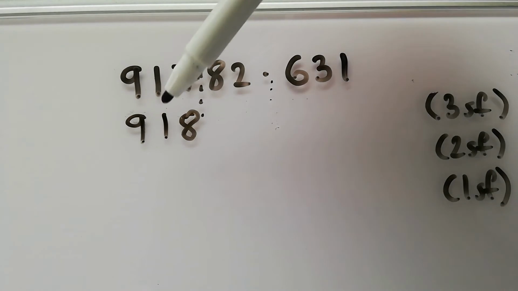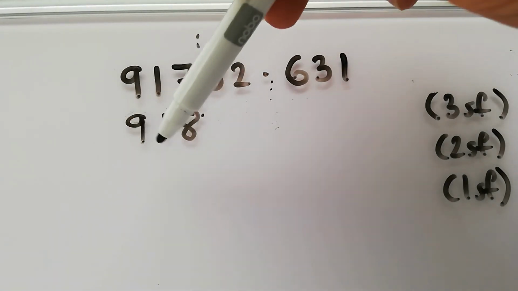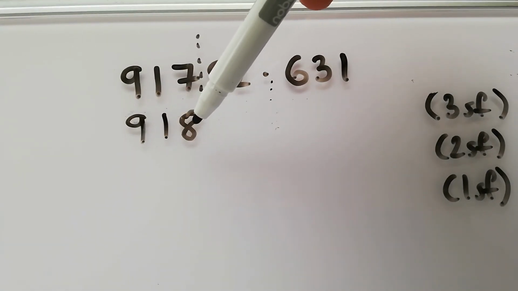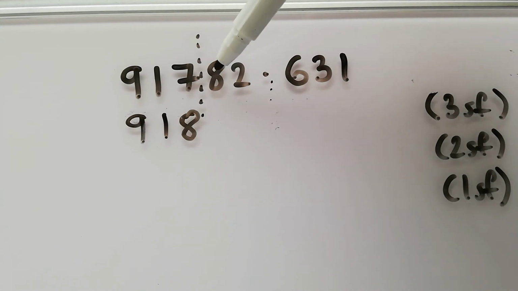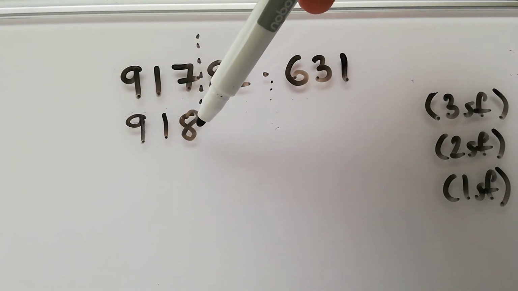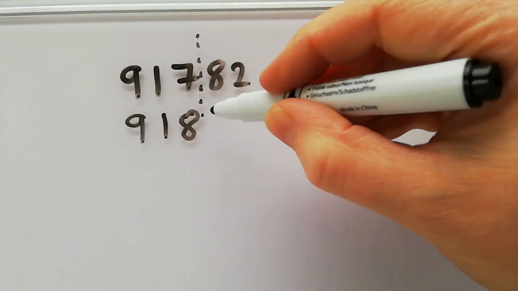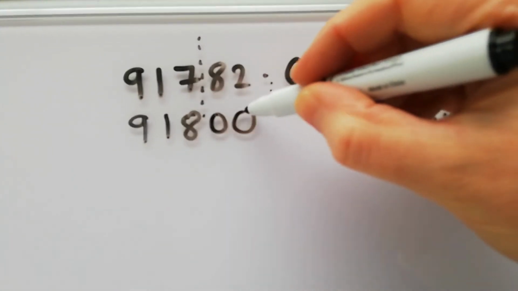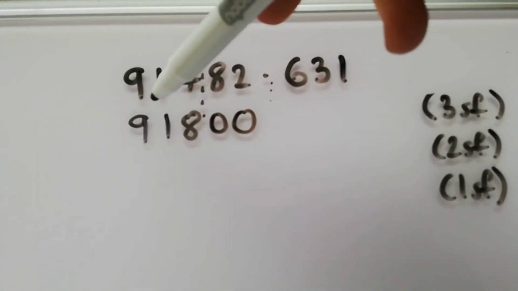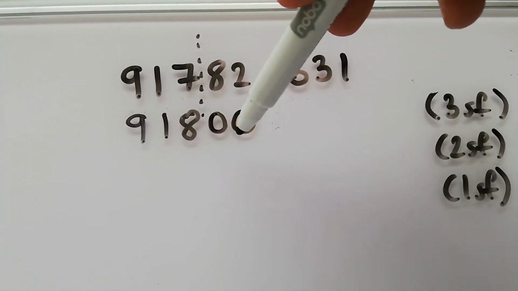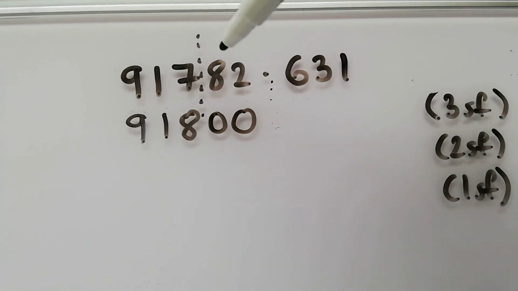But this time, those 3 digits say 918 at the moment. This number says 91,000 and odd. So what I have to do to keep this number of the same order of size as the number above it is fill in those zeros, so that now I do have 91,000 and odd in my answer, as well as in the number that was originally given.